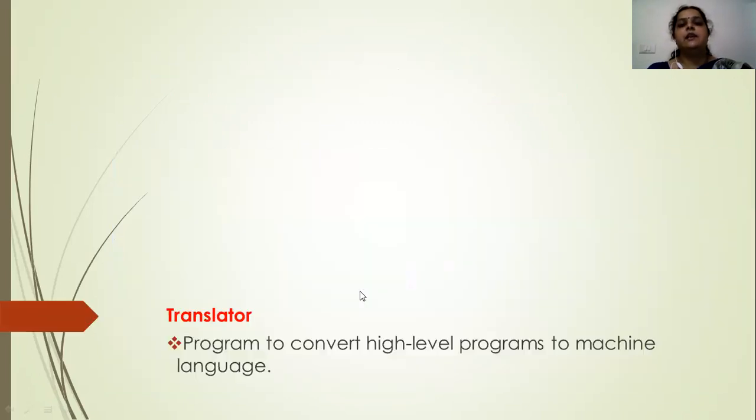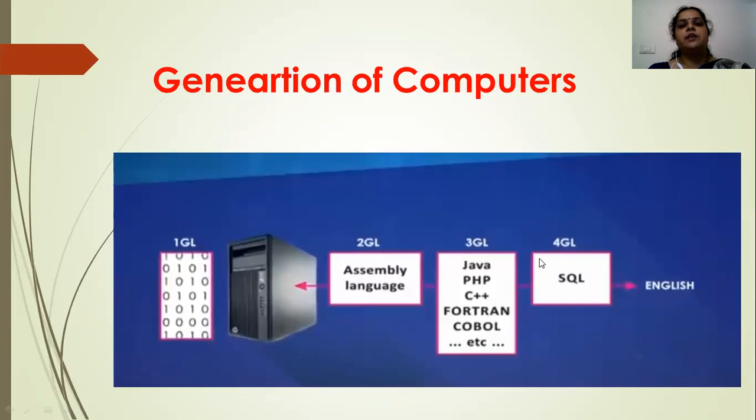Whereas 2GL, 3GL and 4GL, all these three languages have to be converted into 1GL, that is first generation language. So whatever language we are writing, 4GL or 3GL or 2GL, the base of the language is English. We are writing it in English.